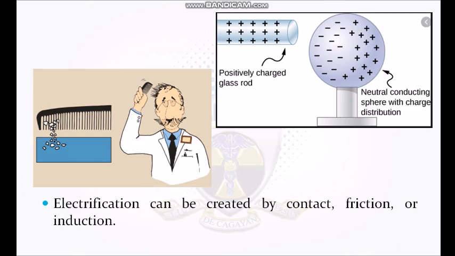When you comb your hair, that creates friction, and because of that friction, some of the electrons may be transferred towards the comb, or some of the electrons may be transferred towards your hair. When you put the comb closer to the strips of paper, then there is contact.